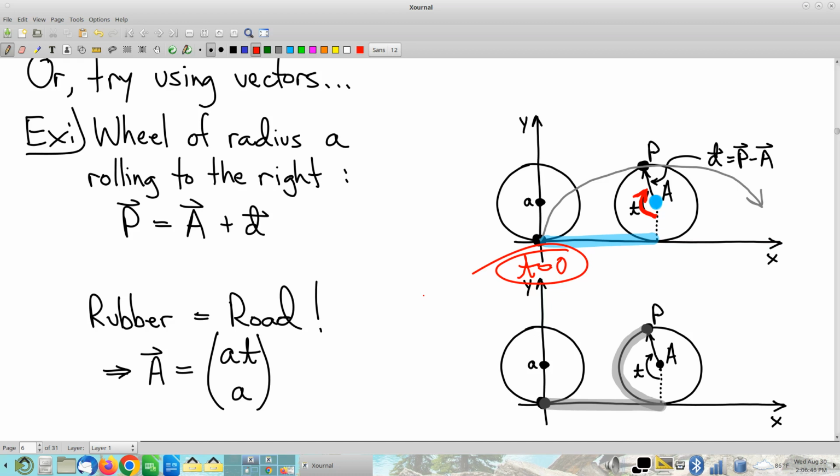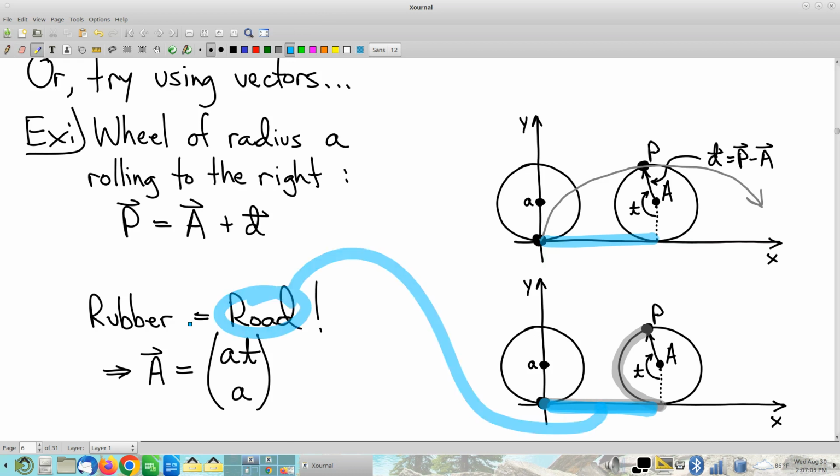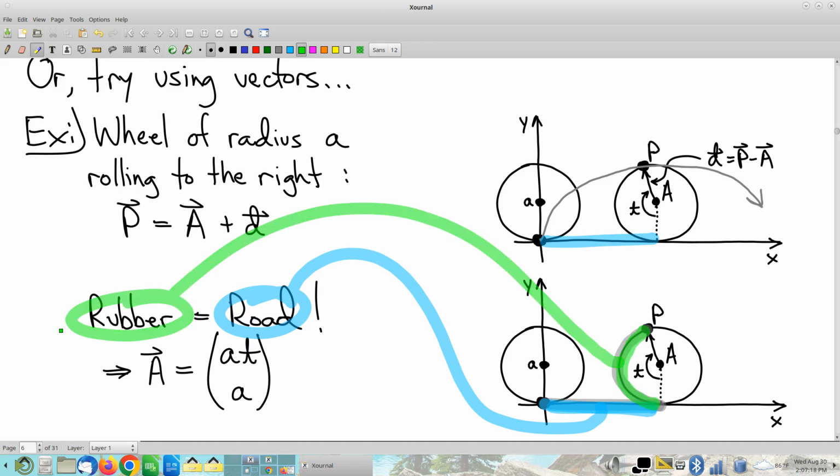All right, so that having been chosen, here's the really clever observation. The x-coordinate of the axle can be thought of alternatively as the amount of road that has touched rubber. And now I'm going to make a physical appeal. The amount of road that has touched rubber has to equal the amount of rubber that has touched road.